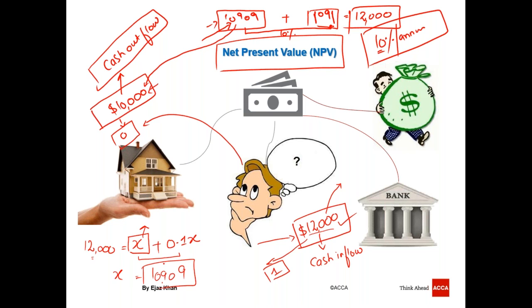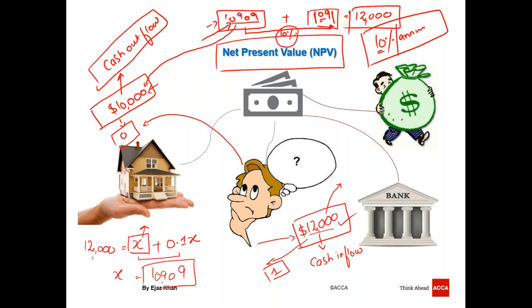Well, let me repeat. According to what we have solved, the maximum amount required to be invested for this project is 10,909. Because if this company invests 10,909 today and its investors require a return of 10%, that is 10% of 10,909, which is equal to 1091.